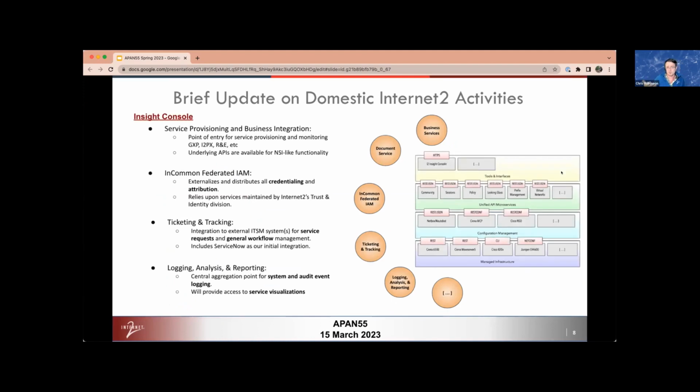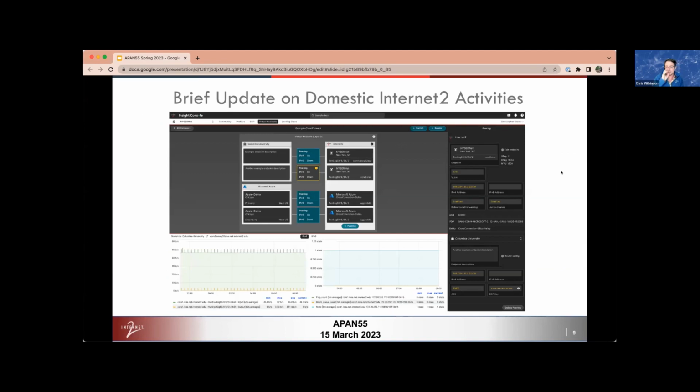We're also building our new API layer, as I mentioned. This includes everything from business integration down through federated identity and access management, down through logging, analysis, and reporting. Again, I'm just touching lightly on this since I only have a little bit of time. It all wraps into a common console. Unfortunately, this is not an international service example. This is a layer 2 example, in this case between one of our regional networks and Microsoft.